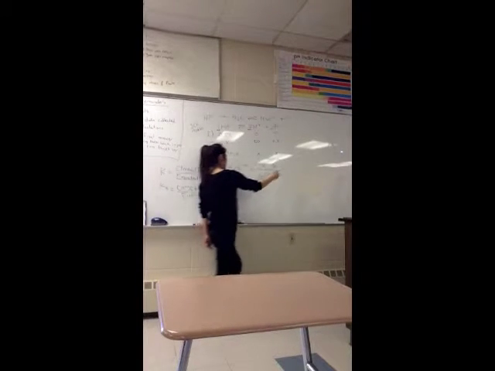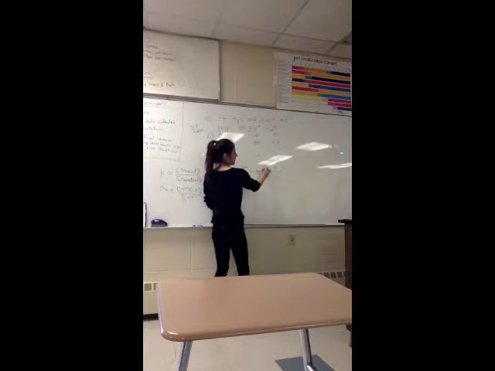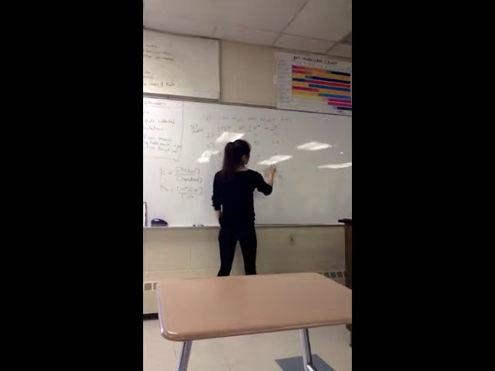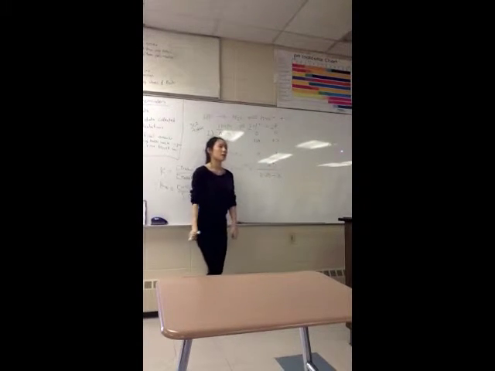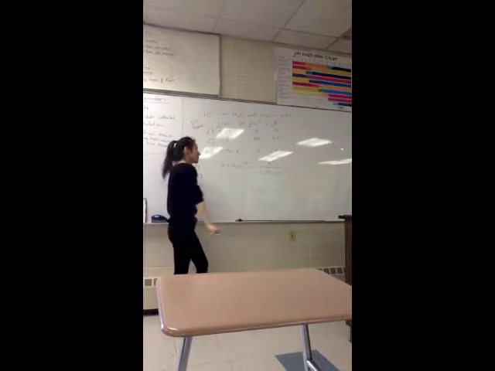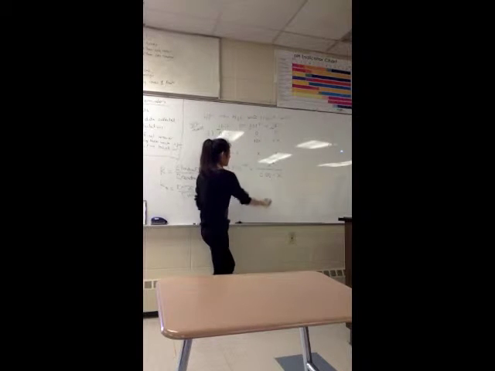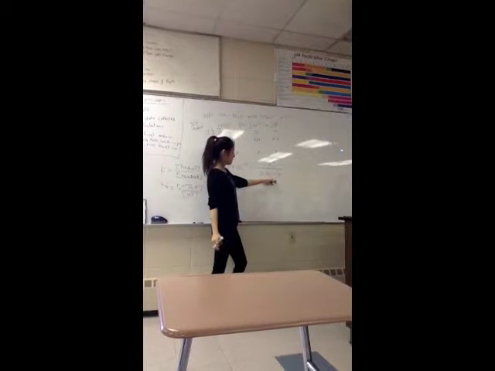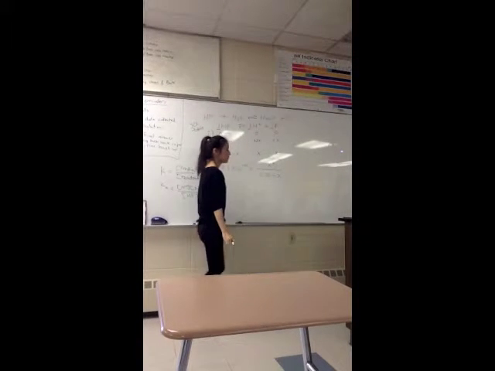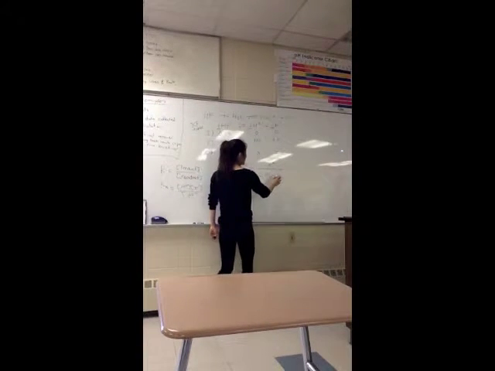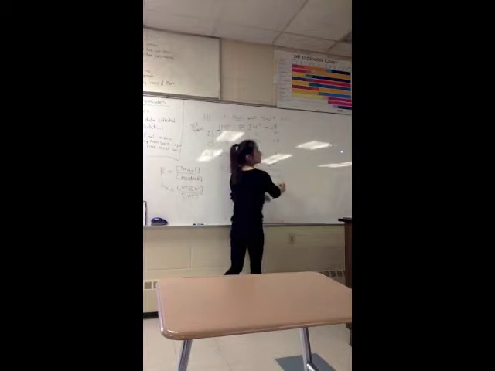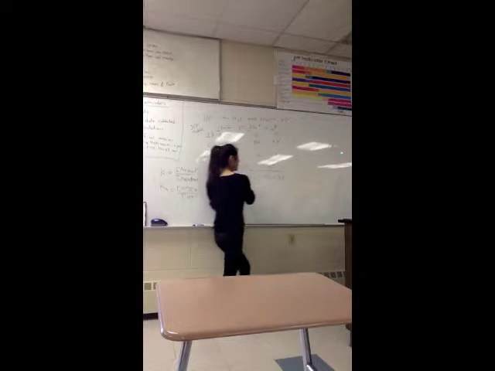Now, if I simplify this, x times x will be x to the second power. Then I'm going to simplify more by getting rid of my division part into one single line by multiplying 0.25 minus x on both sides.